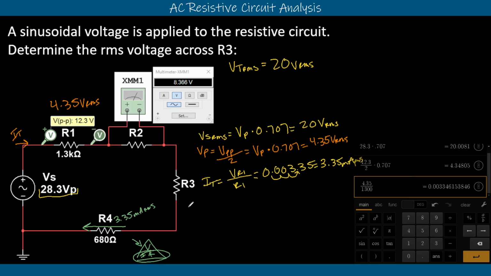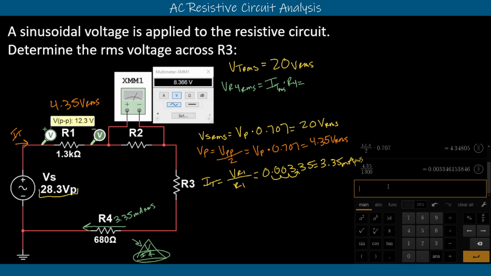We can say that the VR4 voltage drop in RMS is equal to our current in RMS multiplied by our R4 resistor. And specifically, it's going to be our total RMS. And we can set that equal there and solve it out.